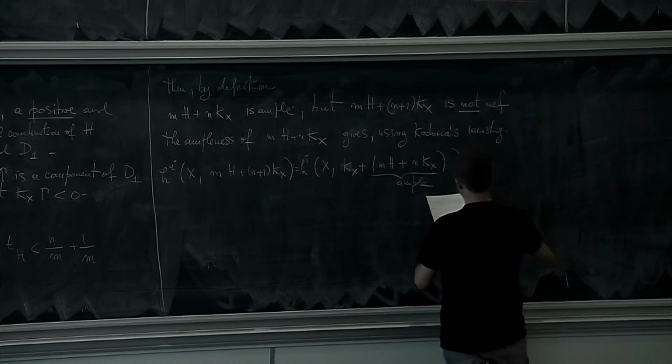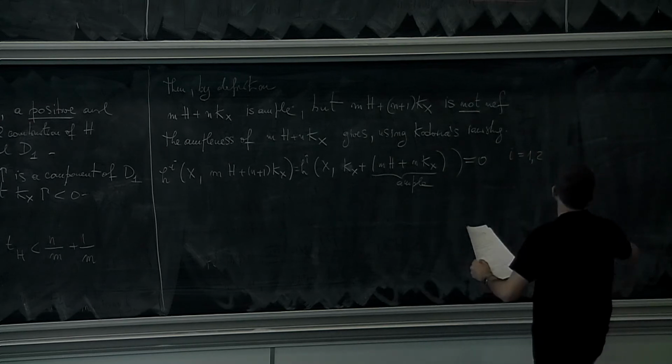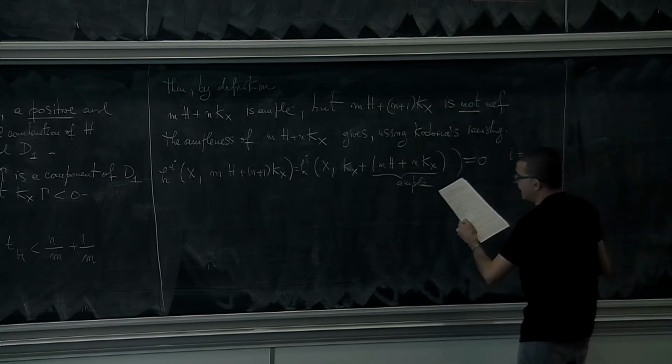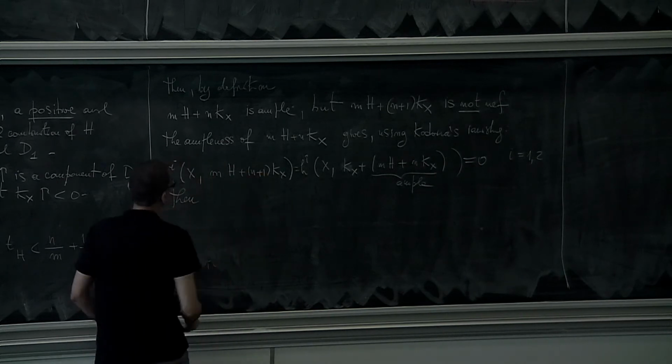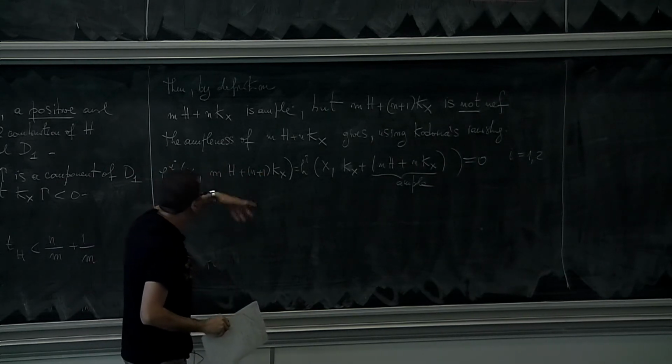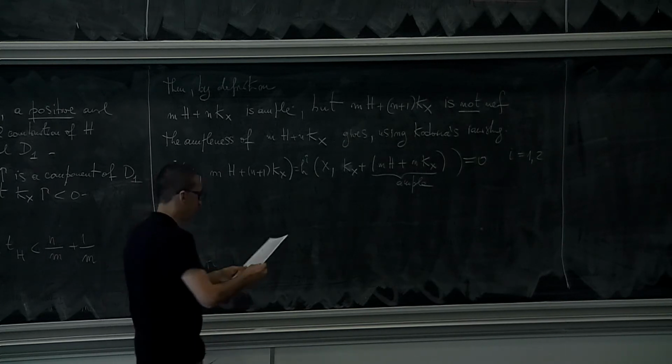This is Kodaira vanishing. We are in a surface, so 1 and 2, it's okay. Then the growth of H^0 is given exactly by Riemann-Roch because we have no higher cohomology.